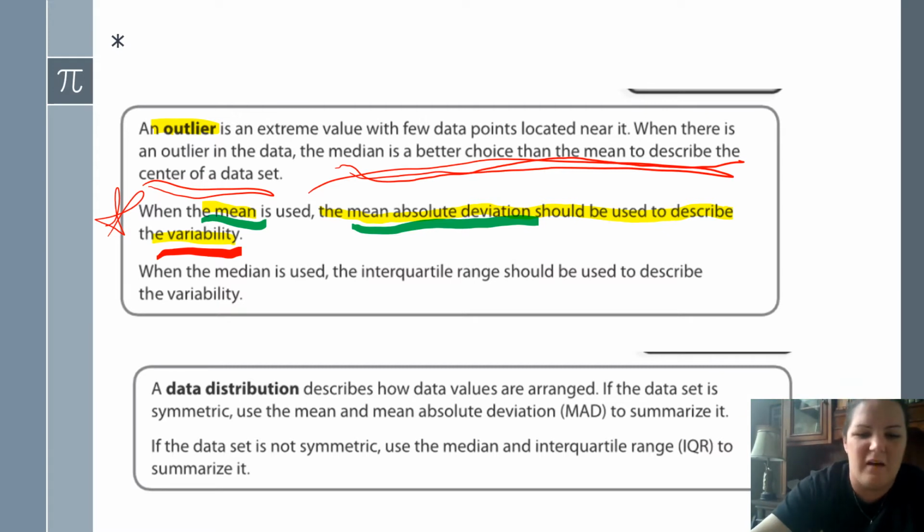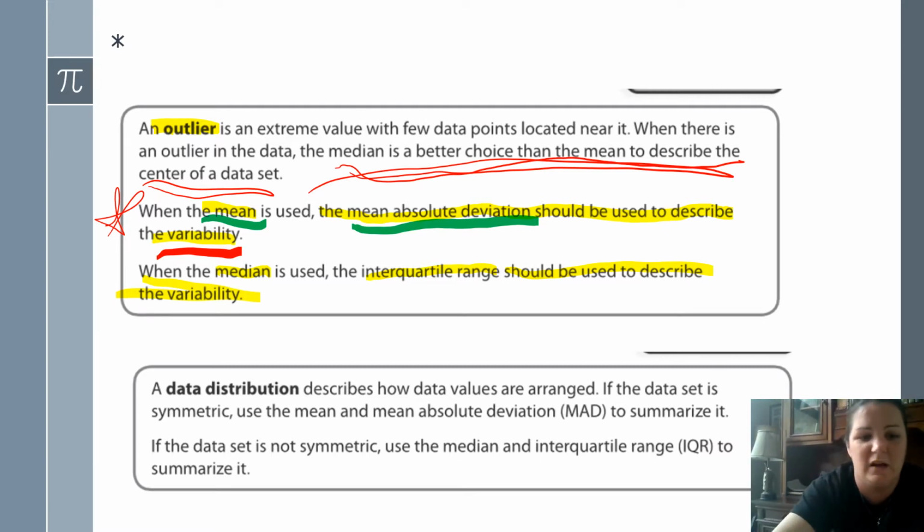And then we have, when the median is used, the interquartile range should be used to describe the measure of variability. So we'll talk more about that, but if you're using the median, you'll want to use your interquartile range to describe how varied your data is. How close together is your spread, or is it really spread apart?